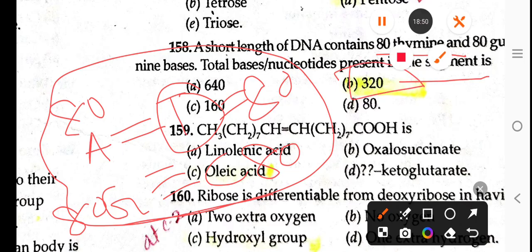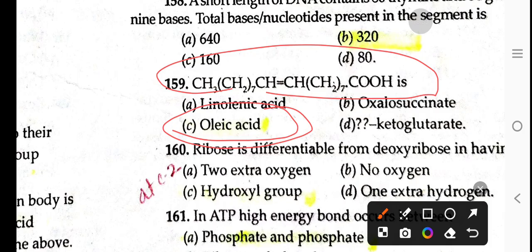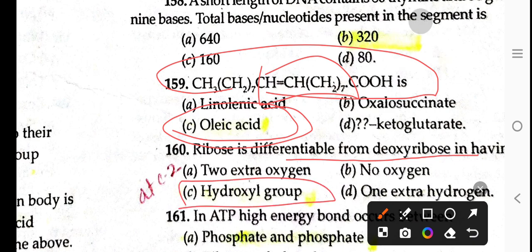Next, the given formula is, so it is the formula of oleic acid. It is oleic acid, which consists of one double bond at carbon number 9. Next, ribose is differentiable from deoxyribose in having one extra oxygen in the form of hydroxyl group at carbon number 2. Option number C is the right answer.